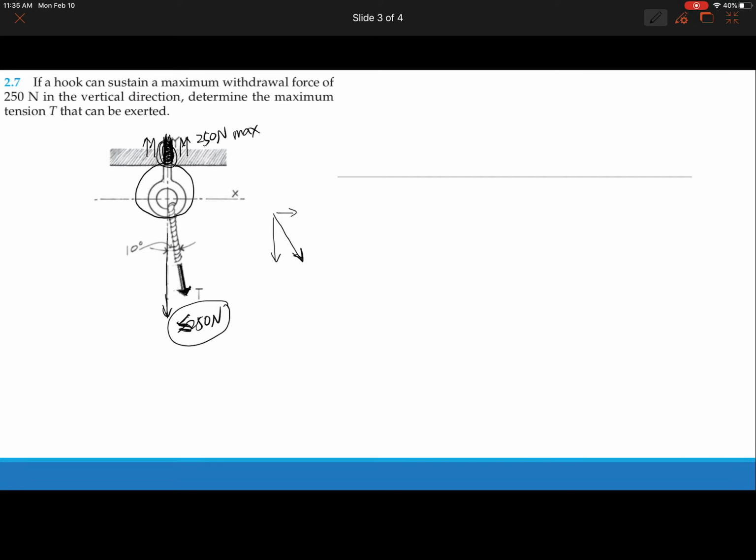Okay, then can you calculate what is the T? Because we only know that whatever vertical force generated by T should be smaller or equal to 250. Then what is T? That is exactly what's asked by this problem.